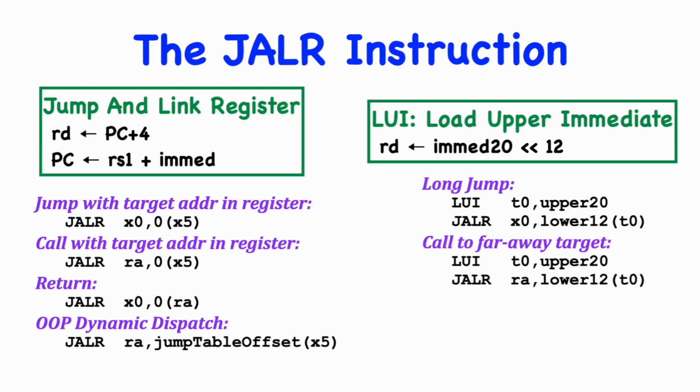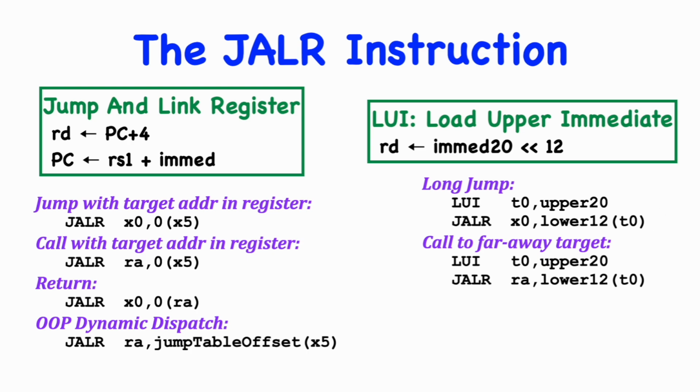Now, let's show some ways that the jump and link register instruction can be combined with the load upper immediate instruction, which can set the upper 20 bits of a register to any value. Let's say that we need to do a long jump. That is, we want to jump to a target that's too far away for a simple PC relative address.